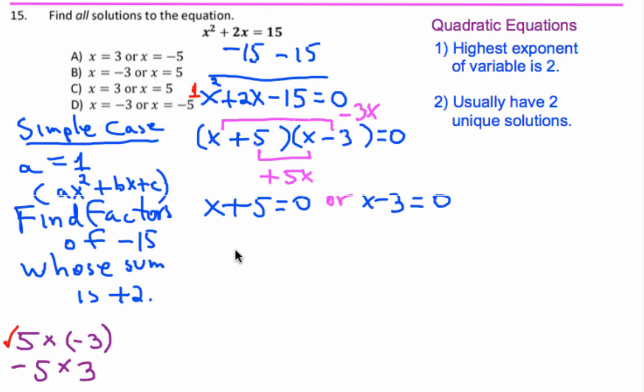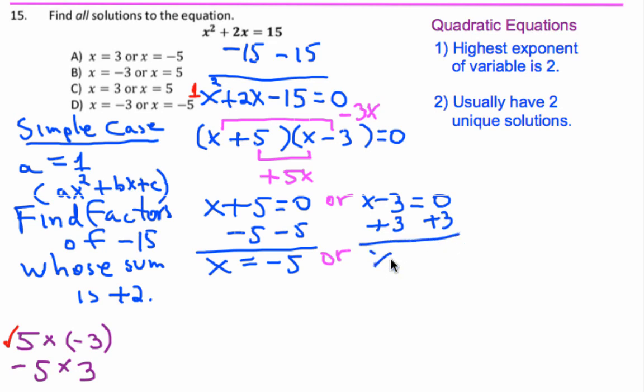Let's solve each of these mini equations. We'll subtract 5 from both sides. And our first solution is x equals negative 5. And our second solution will be found by adding 3 to both sides. And we'll get x equals 3.